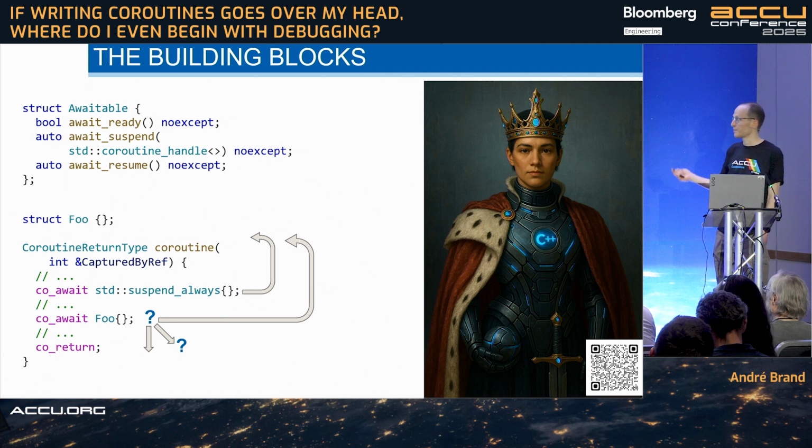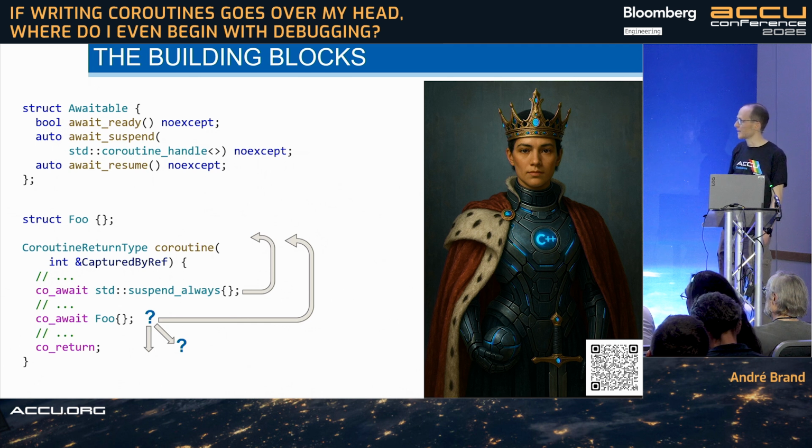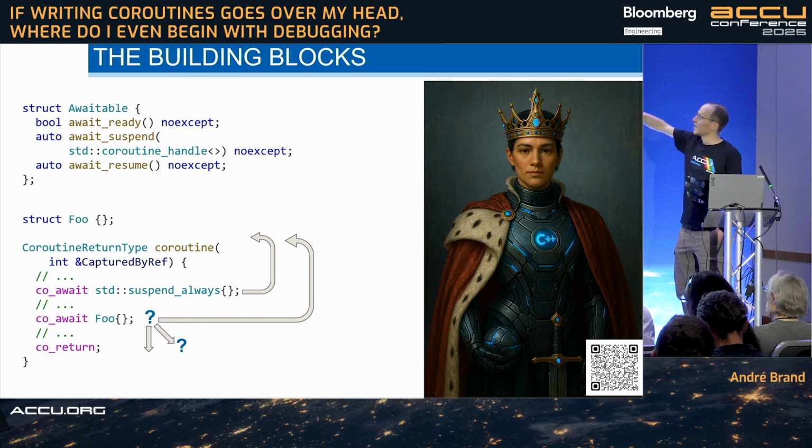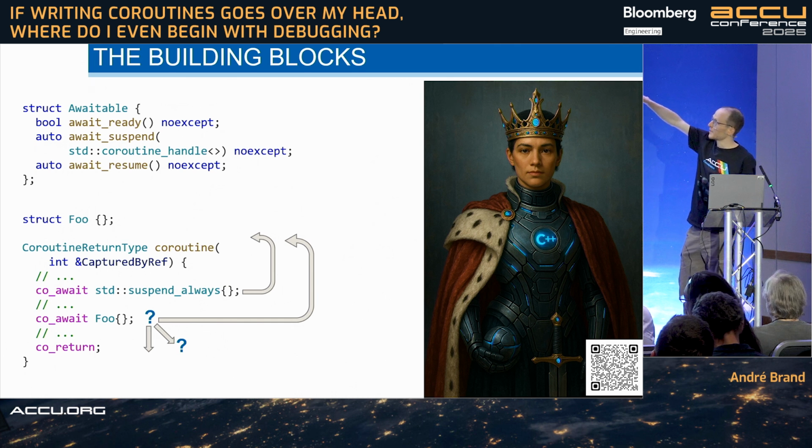It could also suspend never, so just ignore it. Also just not suspend, just continue with the execution, or suspend and drop out of the coroutine and return to its caller. That's kind of an important point to get, because if we define the awaitables, I tell you what to do on suspend and resume, but we also need the context.